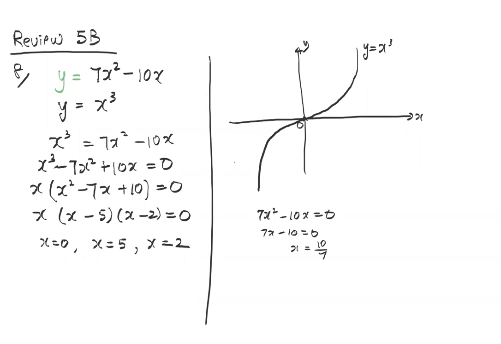So is it like this? The graph, this is the square one. So you are supposed to find this area, correct? Determine the total area enclosed by y equal to x cubed and y equal to 7x squared minus 10x. Am I right?